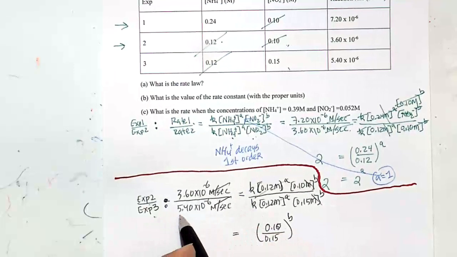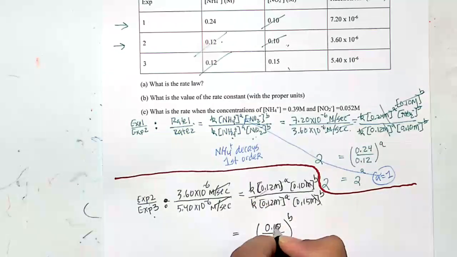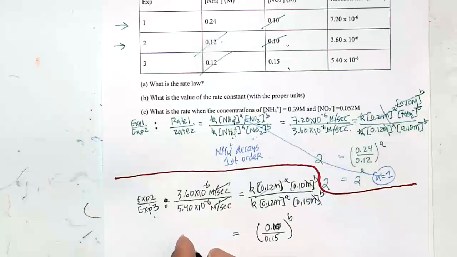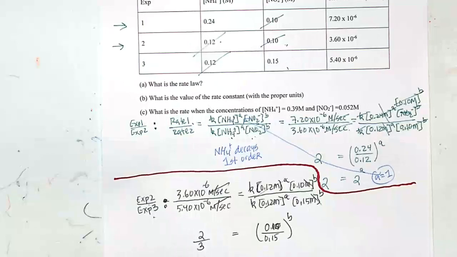And what's 3.6 times 10 to the minus 6 divided by 5.40 times 10 to the minus 6? What is that on our calculator? 0.6666. 0.6666 is 2/3.